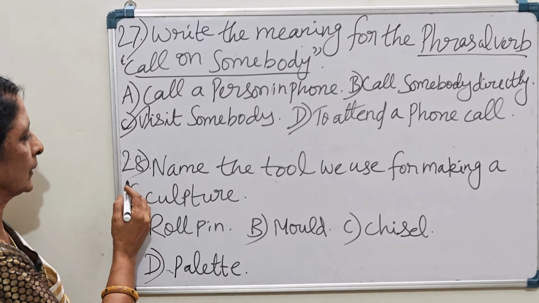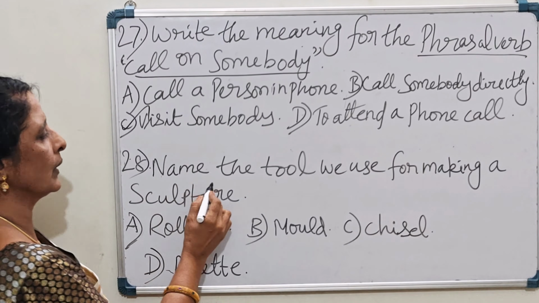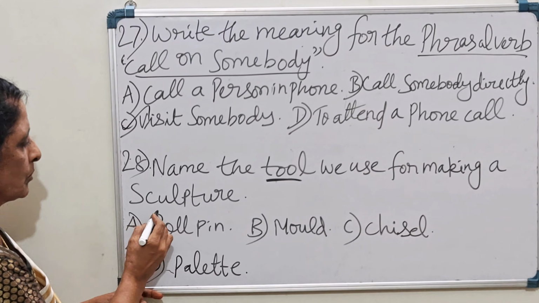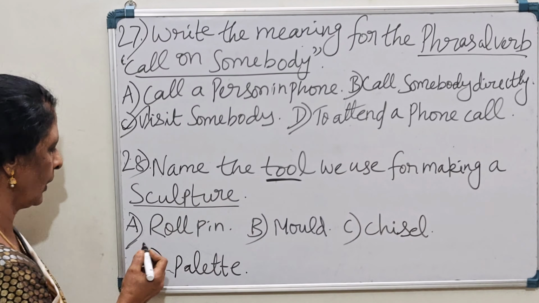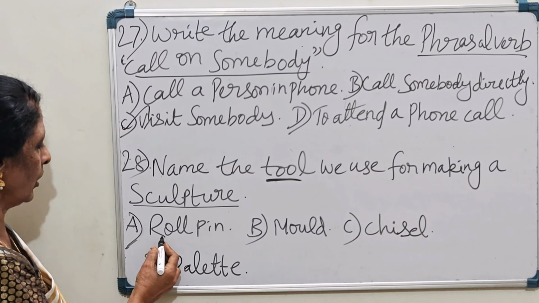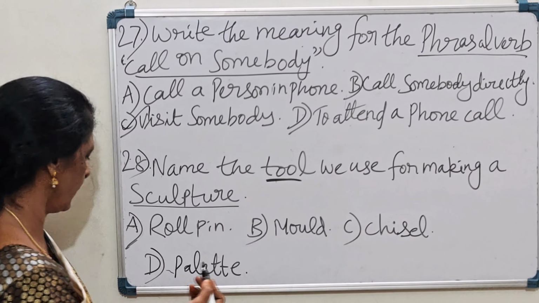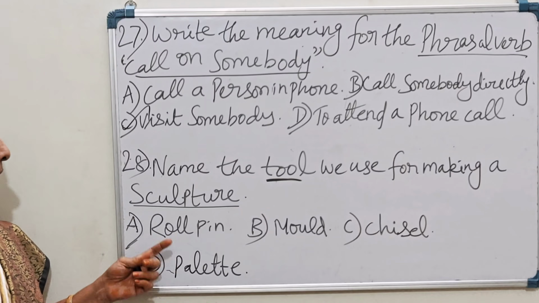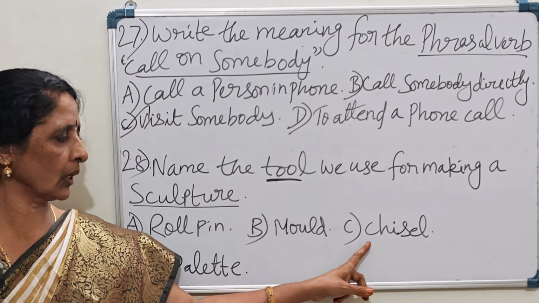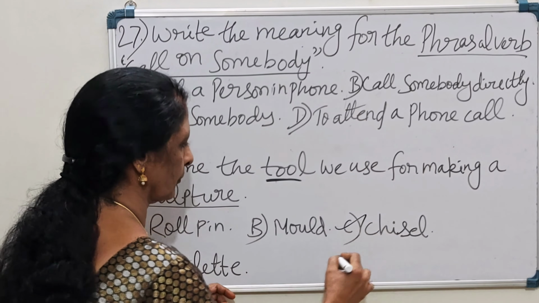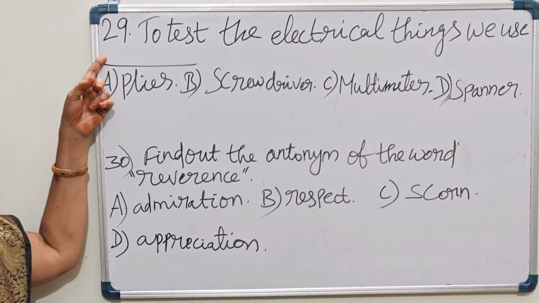Next one, 28. Name the tool we use for making a sculpture. A. Rolling pin, B. Mold, C. Chisel, D. Palette. Now for making a sculpture, chisel is the correct answer. 29th question.